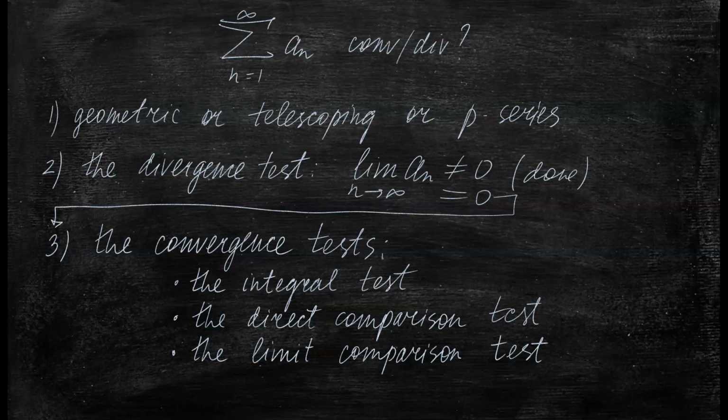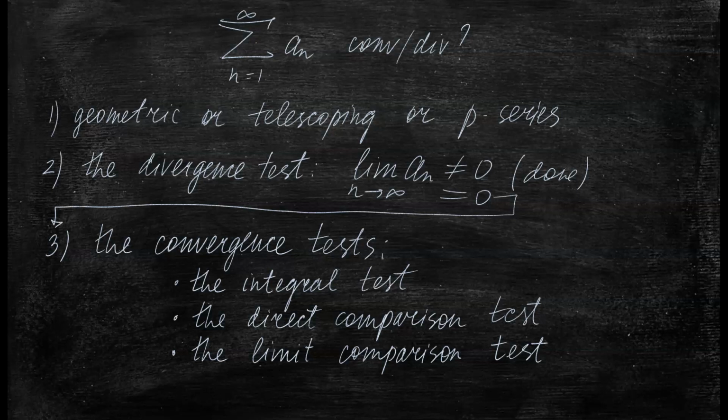However, if the limit is equal to 0, we continue and we perform a convergence test, and we're going to have quite a few of them available here, and we may have to perform a few of them because it's not guaranteed that every test will be conclusive or even applicable for each problem.